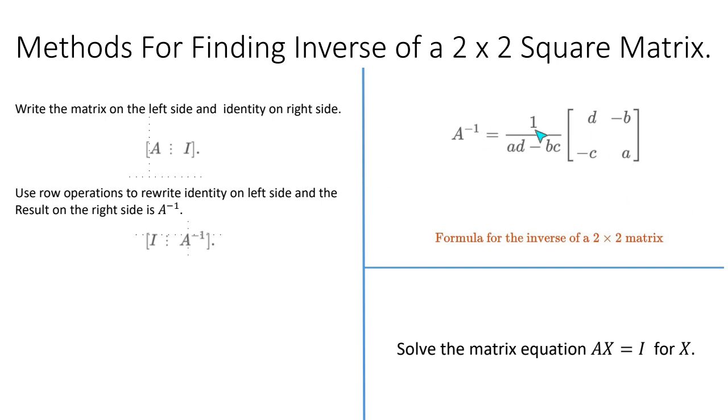There's a formula that you can use if you have a 2 by 2. But if you have a 3 by 3 or higher, then you would have to use this method here. And then there is a different method, which is this one here. And this one is kind of using chapter 7 methods. And I think for today, we're going to focus on the first two.